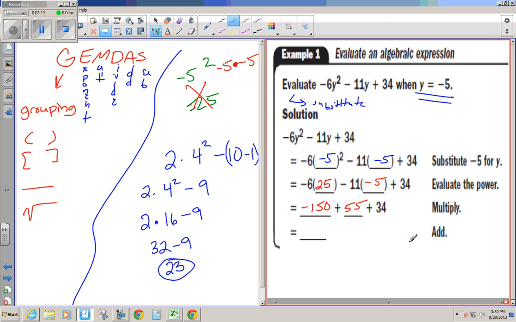So now when we do all the adding, this becomes -95 plus 34. Sorry, negative. So 61 is our answer.